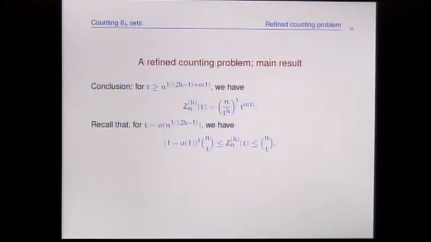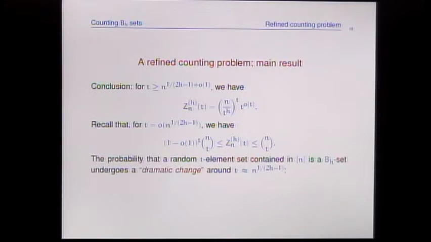And so this contrasts quite a bit with what happens below this threshold for T. So if T is smaller, then you have this 1 minus little o(1) to the T fraction of the whole universe being BH.